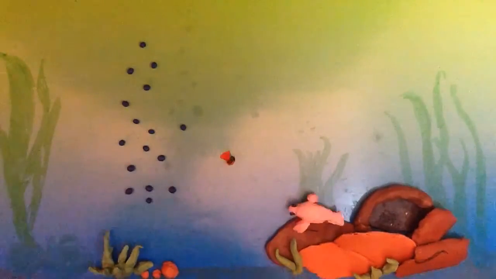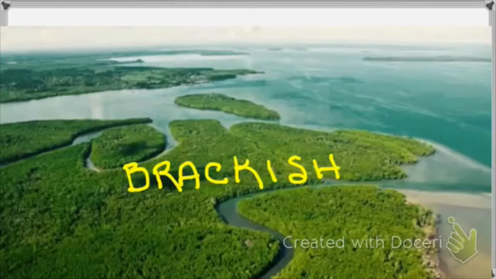But still got no energy, and the temperature's cooled down. I think the brackish water has something to do with that. Trashy water? No, brackish. Brackish. It's in between salty and fresh water and sometimes found at estuaries where the river meets the ocean and sea. Hey, that's where we live.